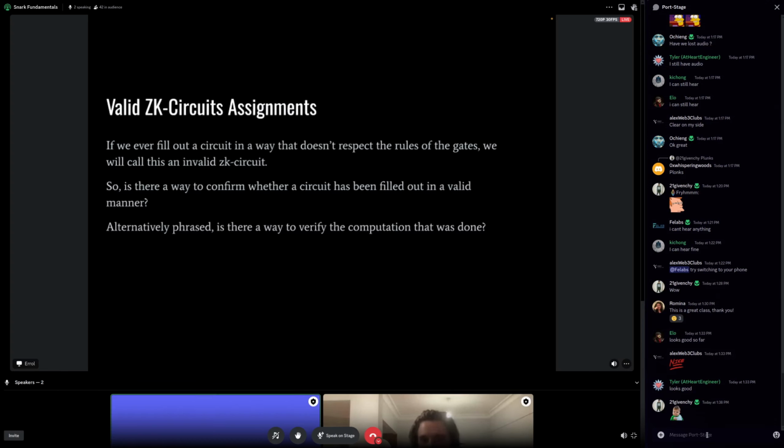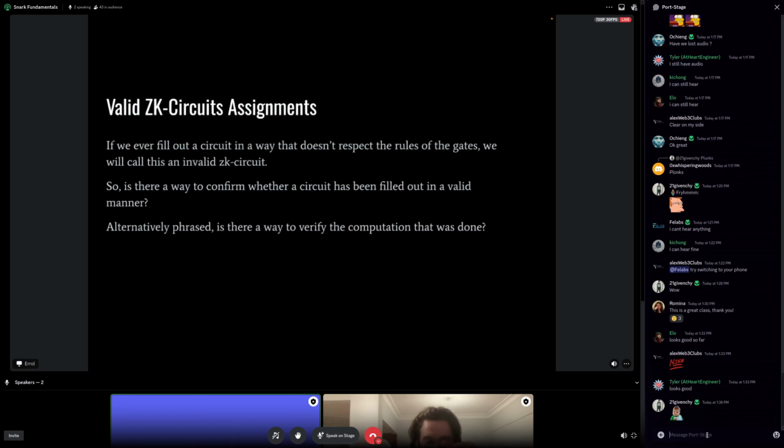So this is the translation from before. Rather than me solving a Rubik's Cube or finishing a Sudoku, which sort of makes sense, me filling out a circuit is going to be way more powerful to us, even though it sounds a bit abstract and strange in the beginning. Another way of phrasing that is: is there a way to verify the computation that was done by me when I filled in this circuit?